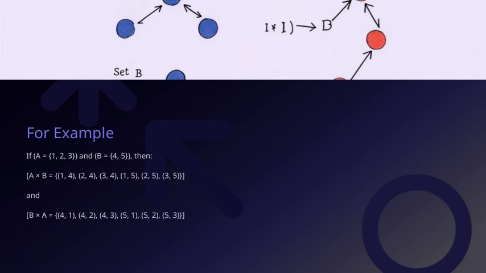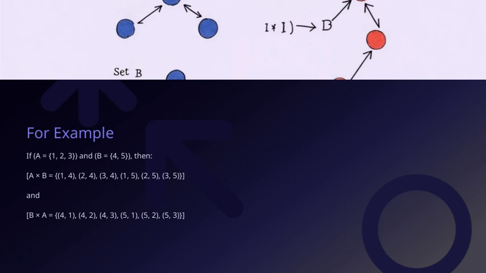Now, if we specify A as the set {1, 2, 3}, and B as {4, 5}, these examples help us understand how the Cartesian product works with specific sets. It highlights that the pairs are formed by combining each element of one set with every element of the other, respecting the order. This concept is fundamental because it underpins how we think about relations and functions between sets.